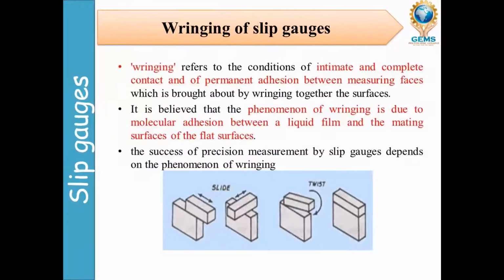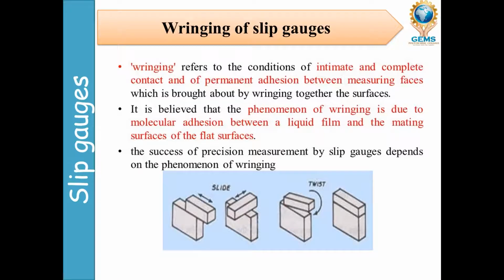Ringing of slip gauges. This is one of the important topics. When we combine slip gauges, maybe you can take 10 mm or 1.005 mm. We studied 0.1 mm, 20 mm. When we combine the slip gauges, you want the required dimension, the required amount of measurement.